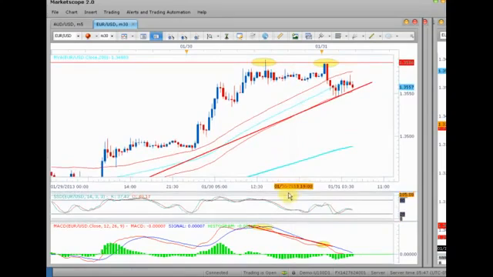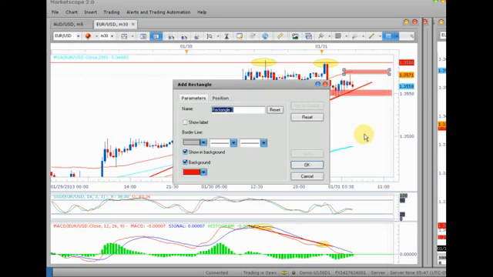I want to see a closing price either below this set of lows here. There's a little area of congestion here at about 135.47, and we also have this area where we have the spike high at about the 135.71 area.